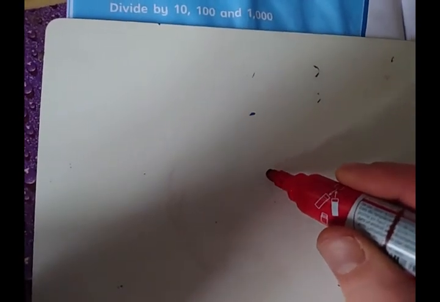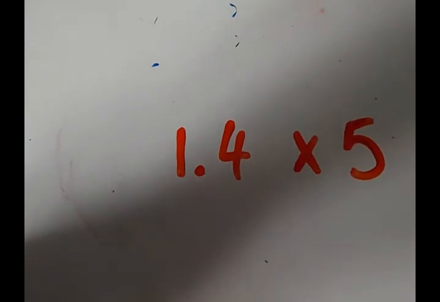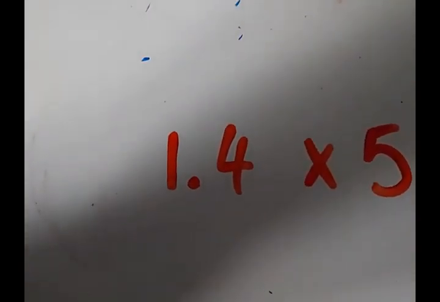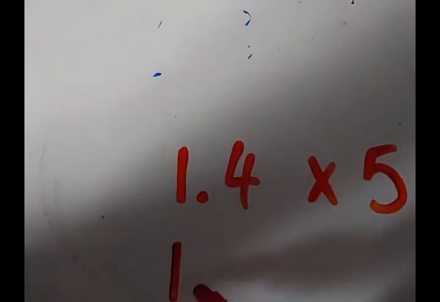So if I had, let's say, 1.4 times 5. And you may think, well, I don't know how to do that. That's silly. Or is it? Well, let's have a look.